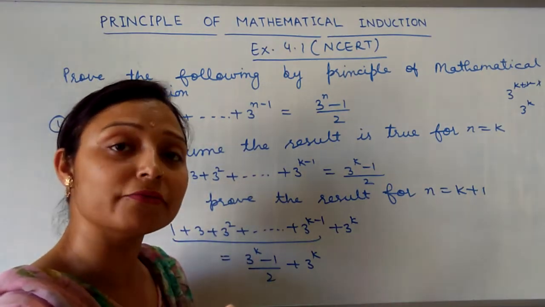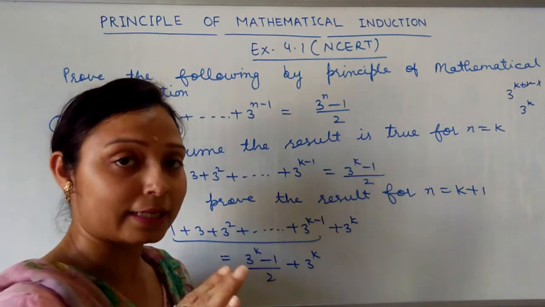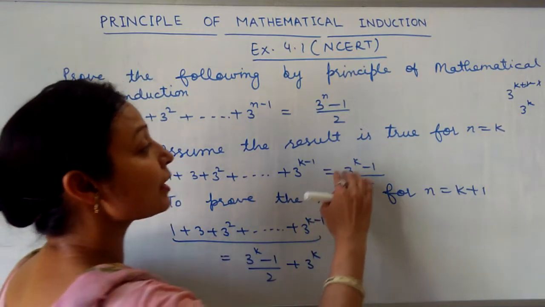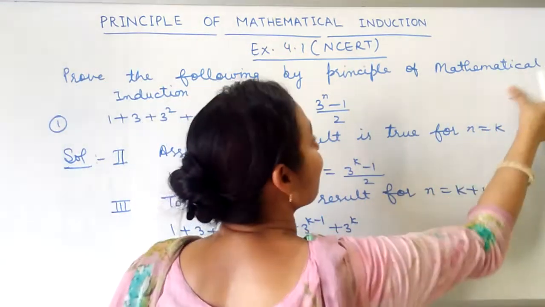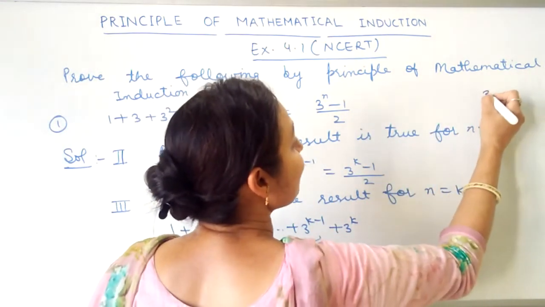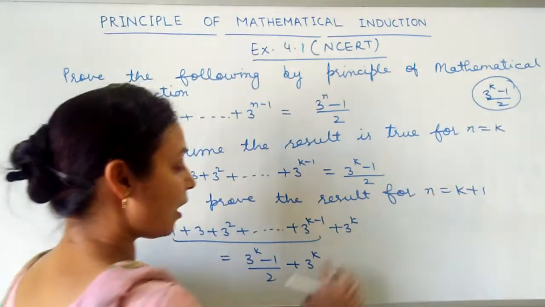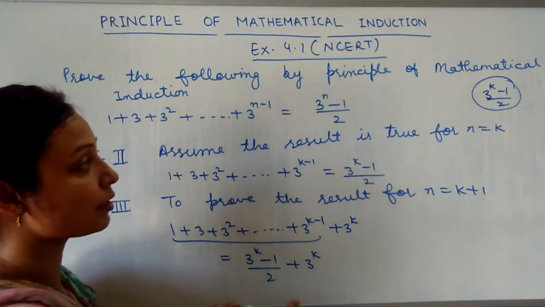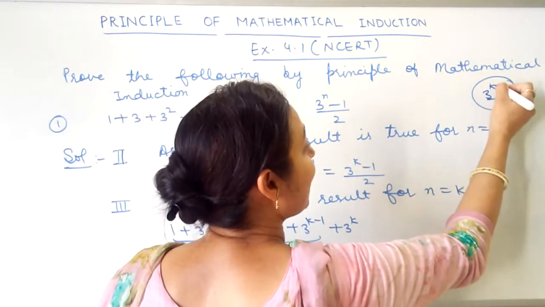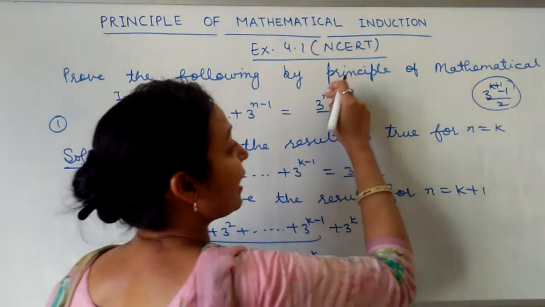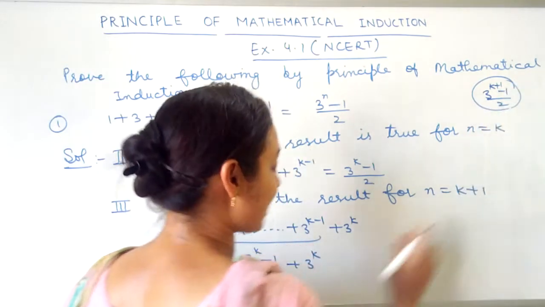But how can we confirm it is okay for n equals k plus 1? We can check it by using the rough work again. In place of n we should have k plus 1, so we have to take k plus 1 in place of n. So this should be the answer after solving this.